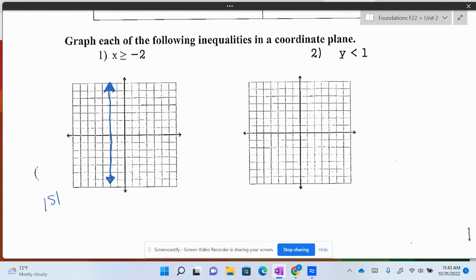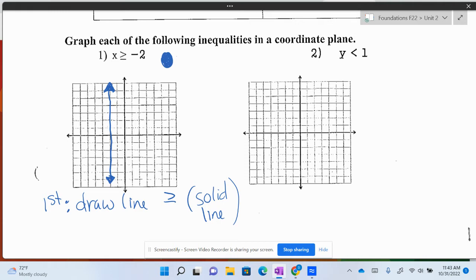So first, I'm going to draw the line. And because it's greater than or equal to, I know that I'm going to use a solid line, much like a filled in circle, right? Because this would give me a filled in circle. So my graph is going to be made with a solid line.